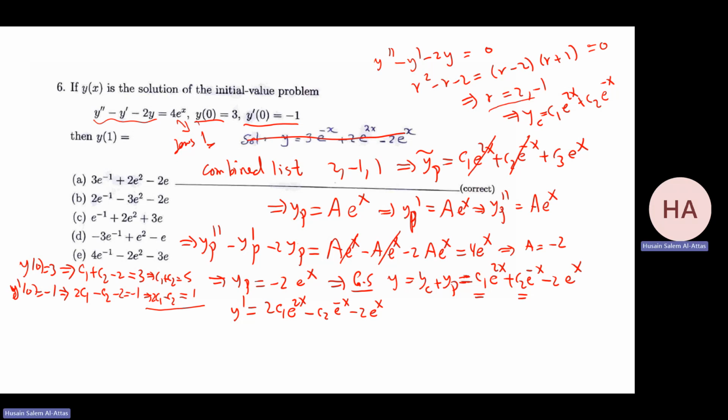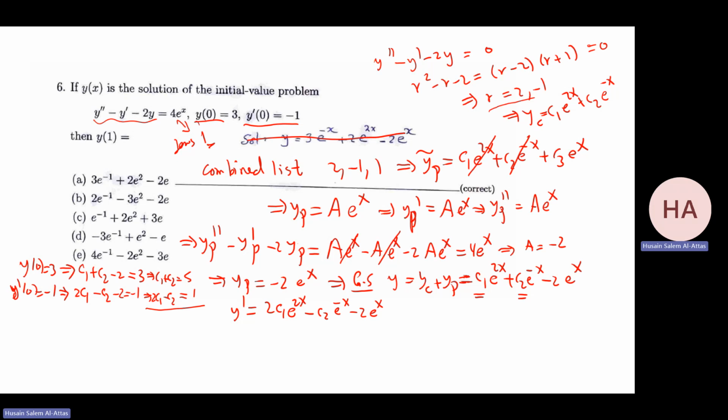Is there a mistake somewhere? No. yp equals a x e^x, so a equals minus 2, that's correct. yp equals minus 2 x e^x. Okay. That will be my yp. The general solution is this. So find the derivative, which will be 2c1 minus c2 e^(-x) minus 2 e^x.